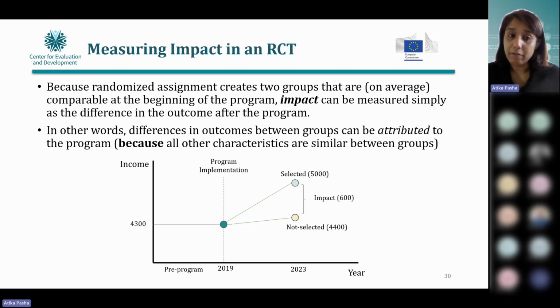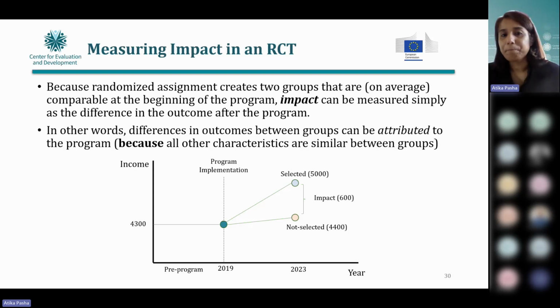What you can also see from this graph is the intuition behind an RCT, or a CIE in general. If we did not have the counterfactual group, those who were not selected, what you would usually be measuring is 4,300 as opposed to 5,000, telling us that your impact is 700 units, which is not the case.